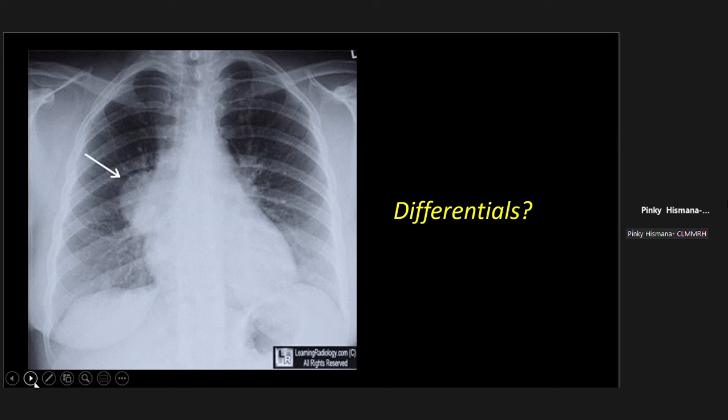The most we do here, when we describe this, is that we have a convex opacity at the region of the right hilum, extending into the superior mediastinum, causing also widening of the superior mediastinum. But with this, we cannot locate, and we cannot even have a close differential for this condition or for this X-ray image. Why do we have differentials?